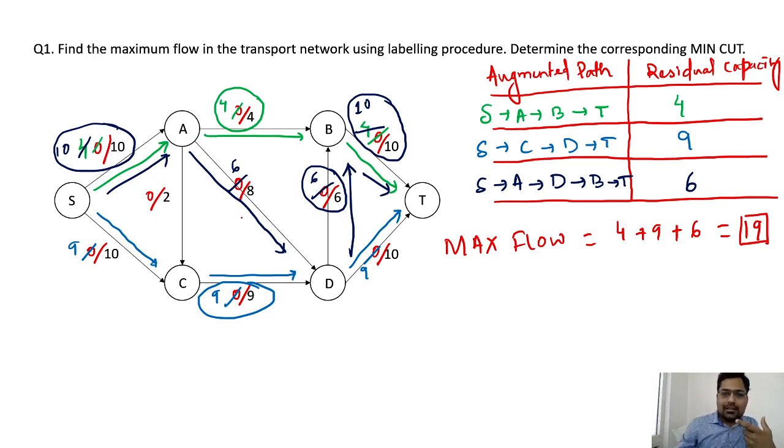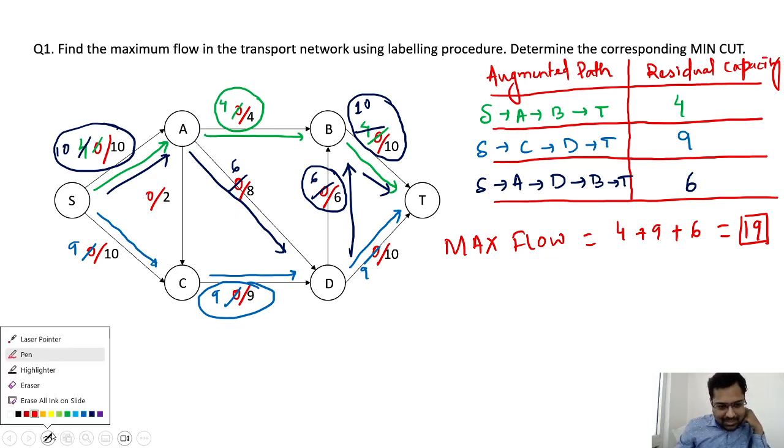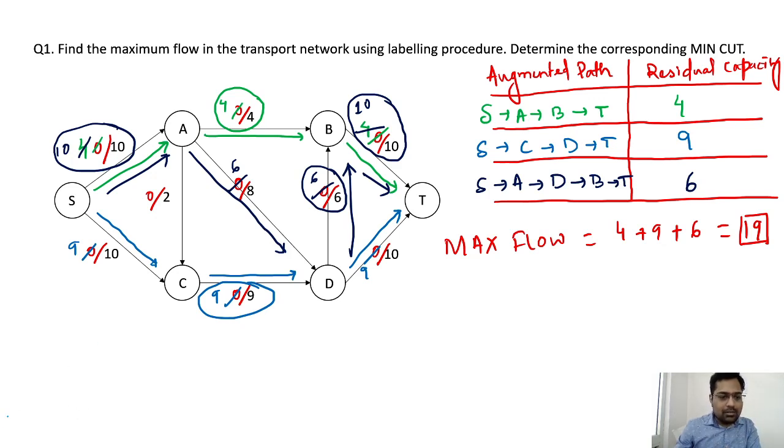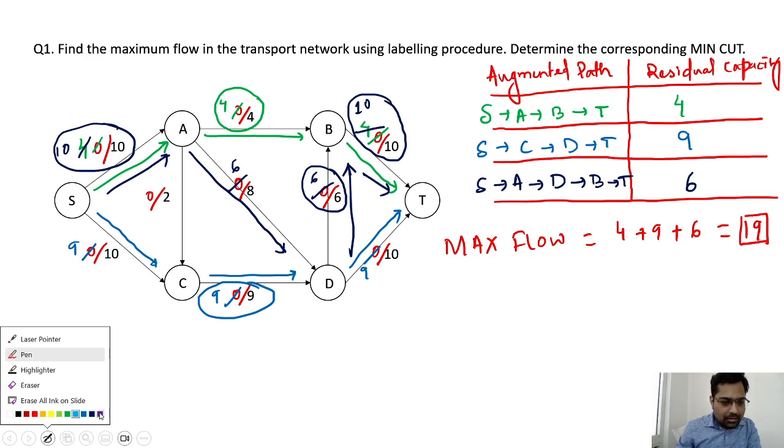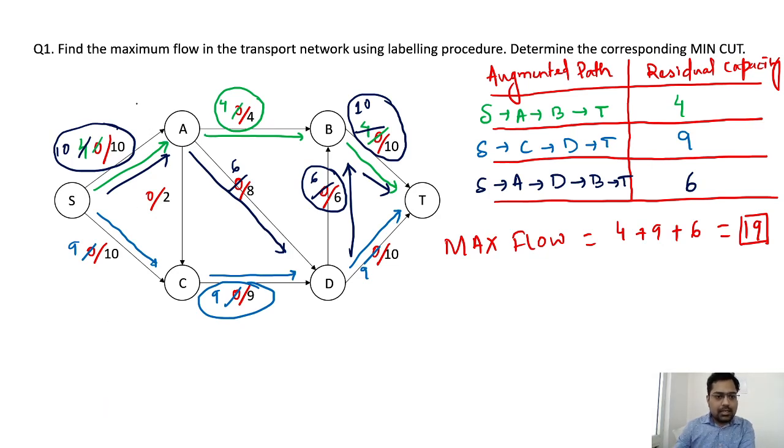Now to find the min cut, we have to follow the rules. I'm just writing it, just changing the color. Suppose you say it's a cut if the source is with certain nodes, but source and sink should not be together.